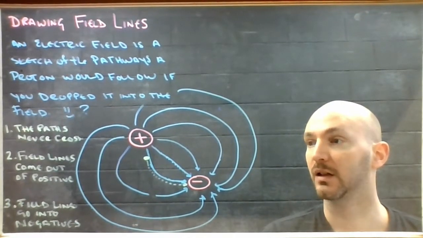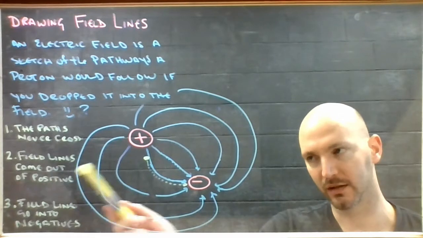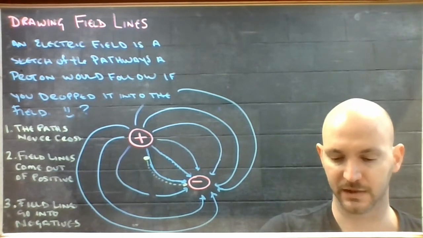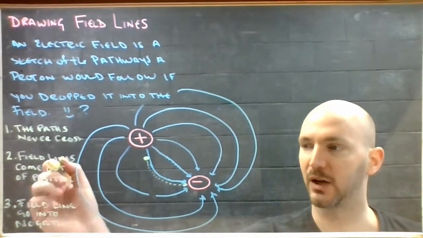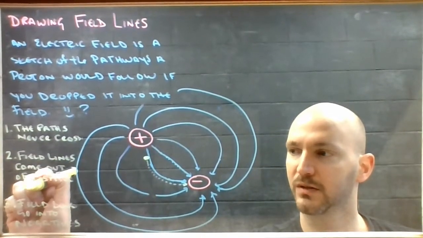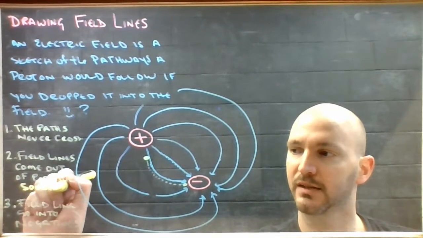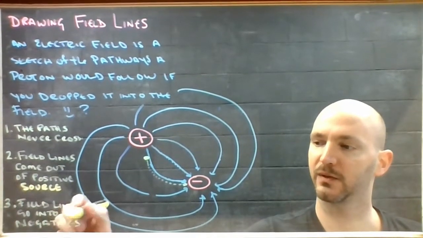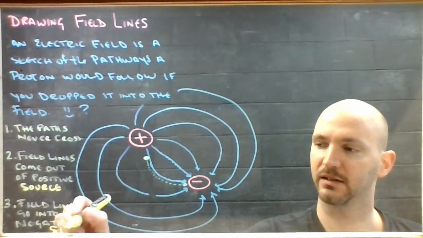All right. So the word that you might attach to this, for the fact that the field lines come out of it, is that a positive charge is a source for field lines, and a negative charge is a sink.